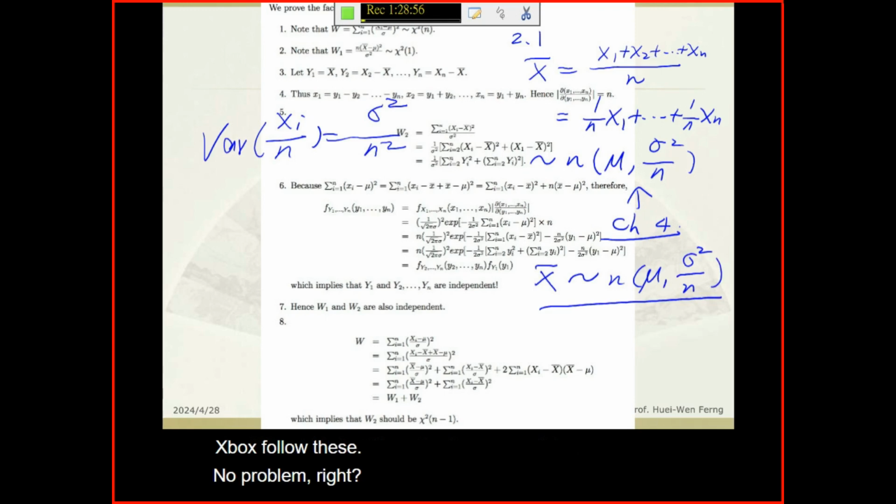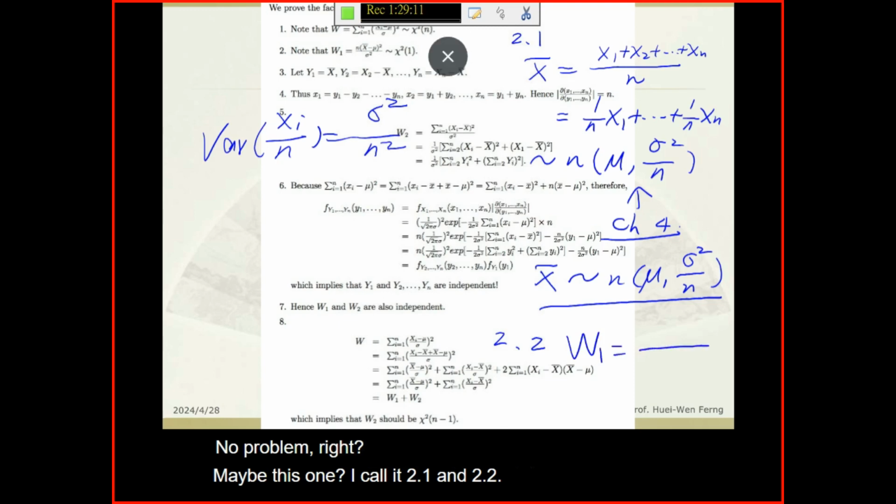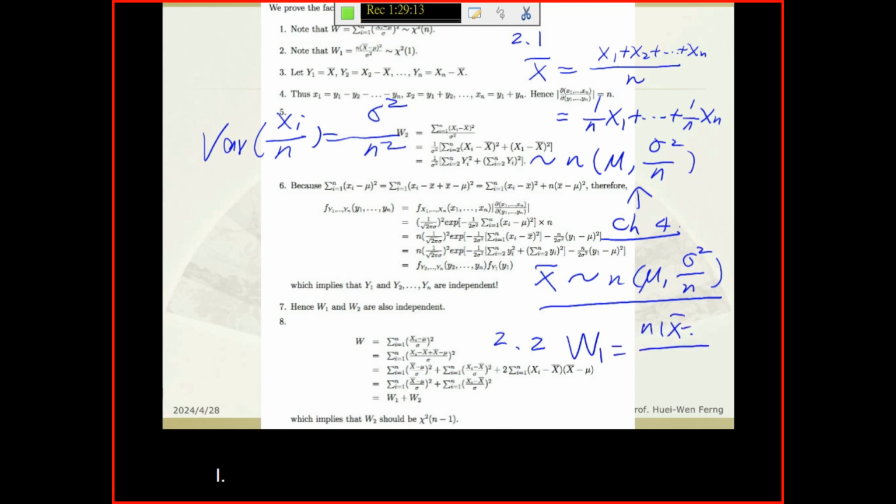Maybe this one, I call it 2.1 and 2.2. And this one, in fact, we can have for this.